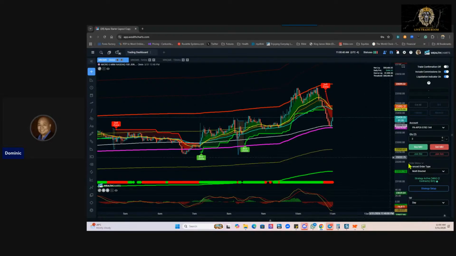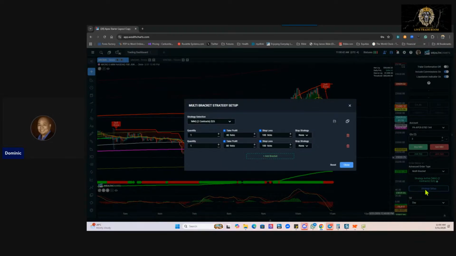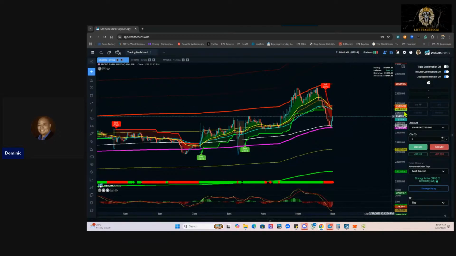I gotta see what I have that for. 46, yeah, that's good. And it looks like it's going for more. That's fine. Going against the trend anyway, so just as long as you get some money out of that scalp, since we're going against the trend. But again, we're bouncing off the VWAP.